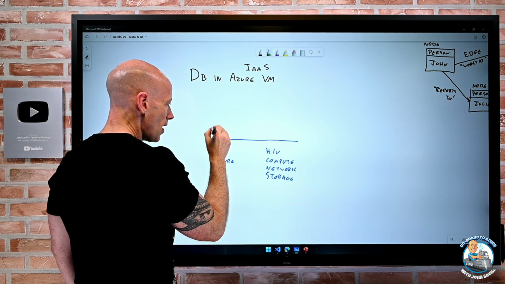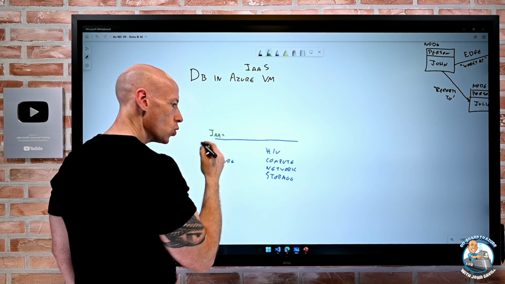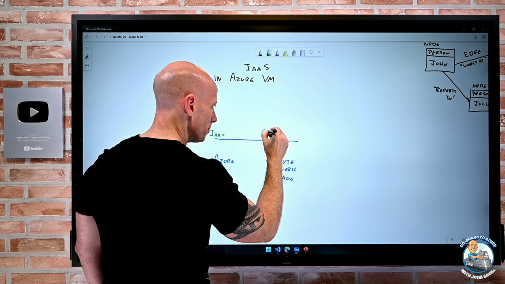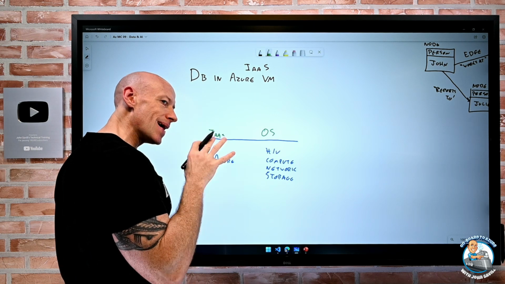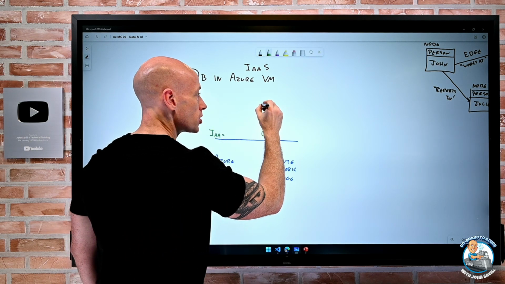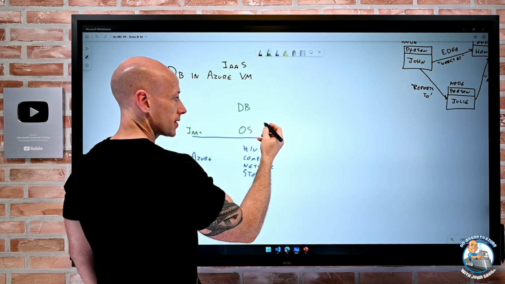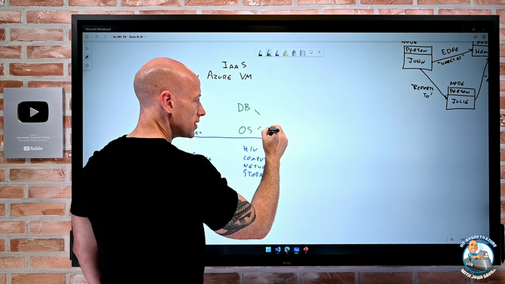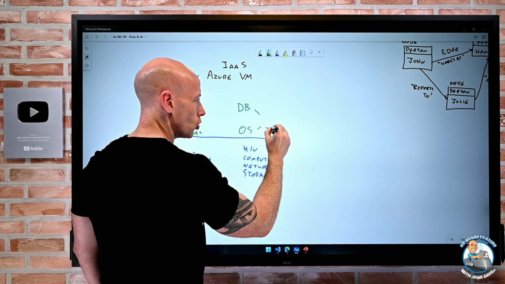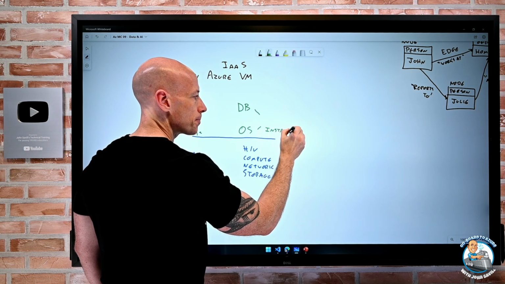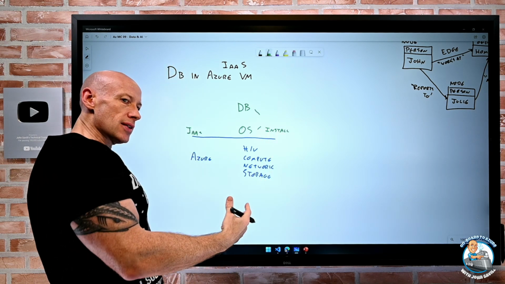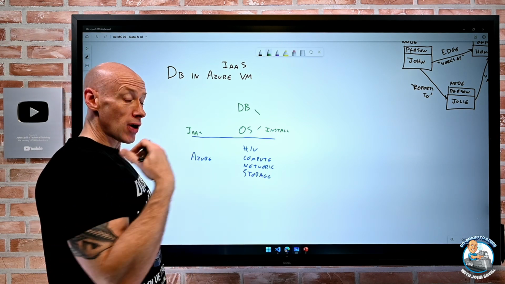So now in that IaaS world, you are responsible for the operating system. And if we're thinking about a database specifically, you're responsible for the database. And for both of these things, obviously I have to think about the install. Now, for the OS, there are images that have operating systems pre-ready, or maybe I'm creating my own image.